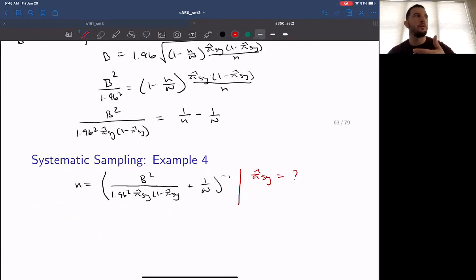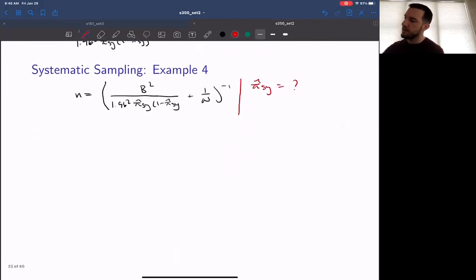It's the value that's going to give us the largest sample size, that would give us the highest chance of actually obtaining the bound at the confidence level that we're looking at. Whereas for different values of pi hat, we risk underestimating the bound that we are trying to achieve.